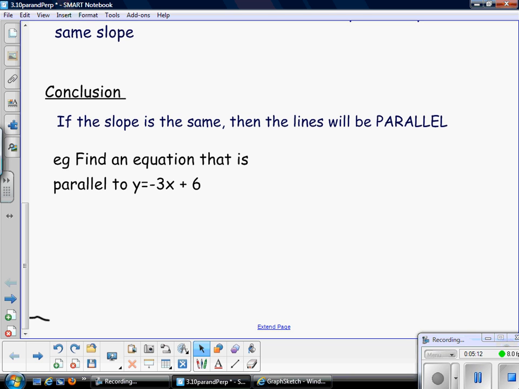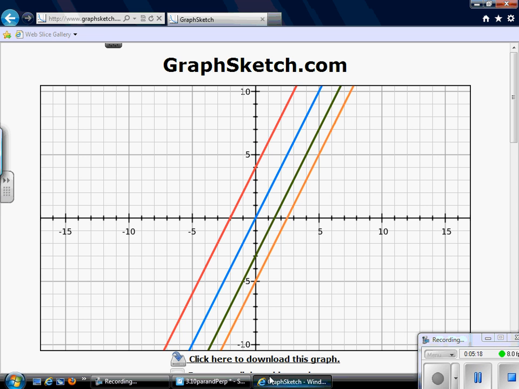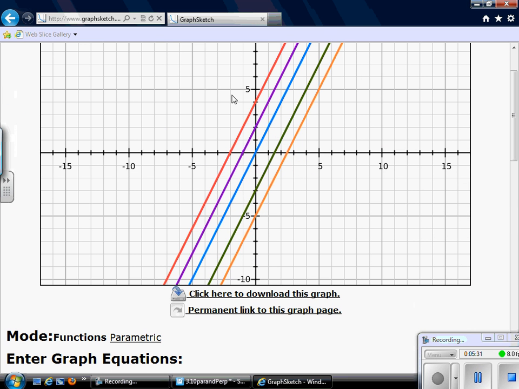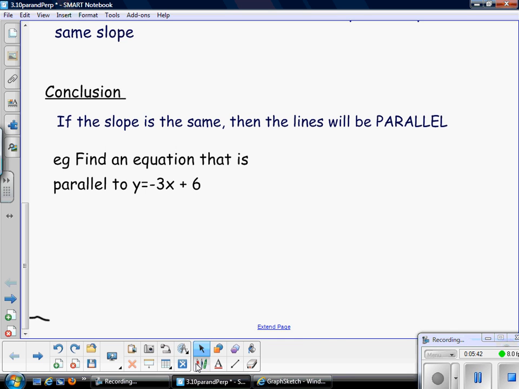It says the word an equation because, going back to here, I have four that are the same. I could come up with more as long as I had the 2x there. So I could have infinite choices, as long as my slope is the same. So that's what we're going to do. So with the pen, what do we need?